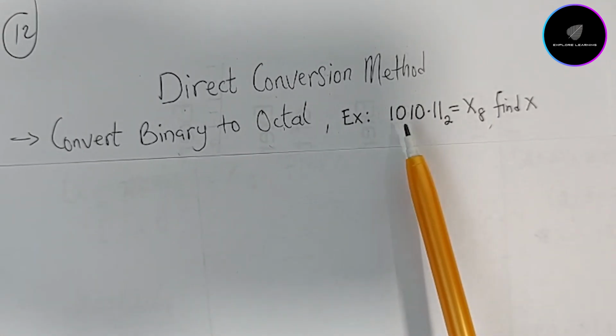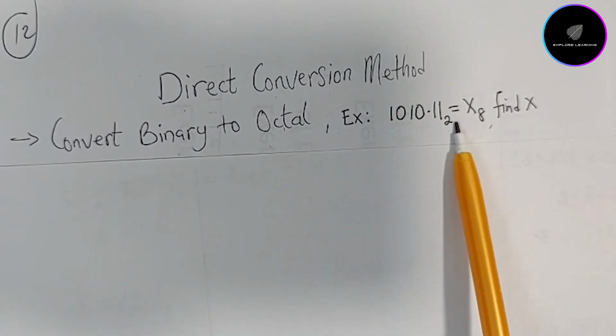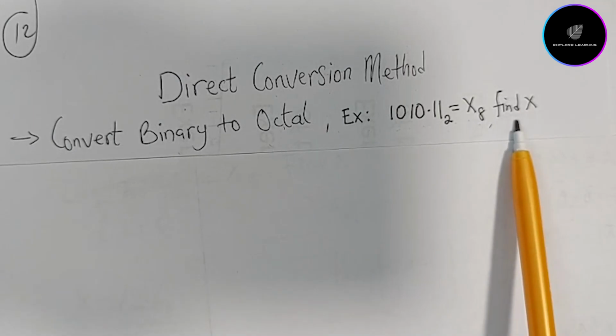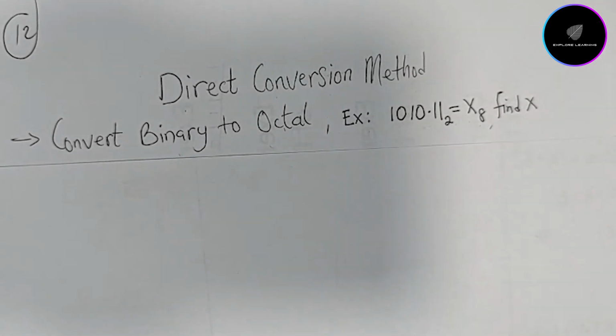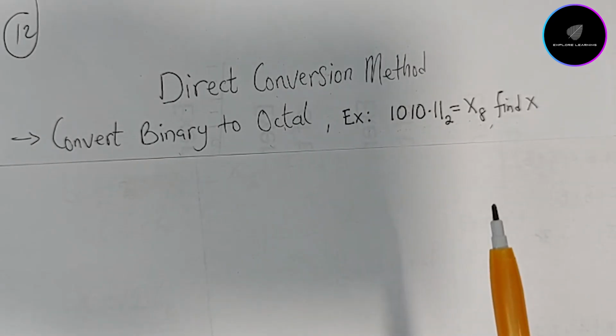The example says 1010.11 base 2 equal to x base 8, find x. Now this is a scenario where we have to apply a technique known as zero padding.